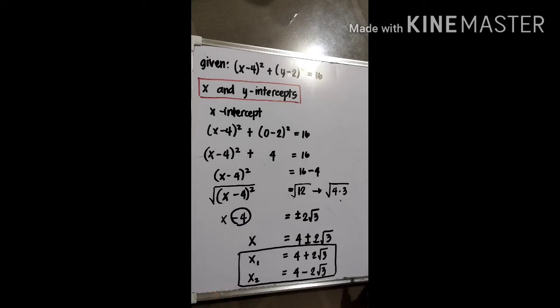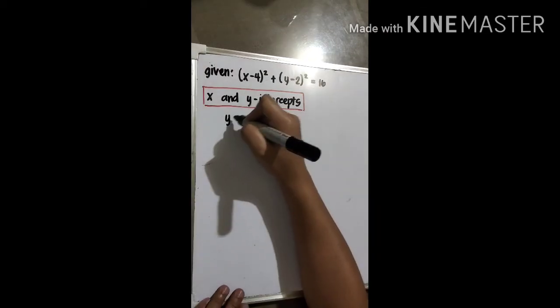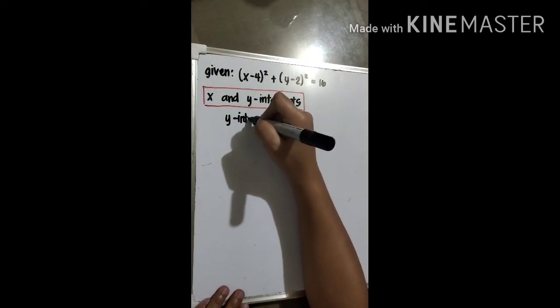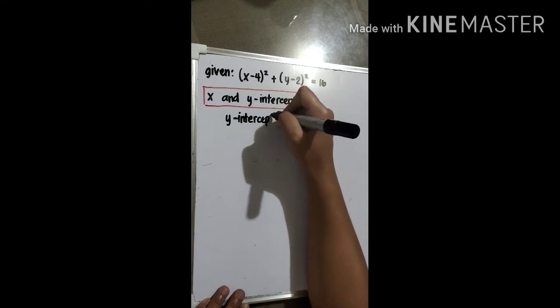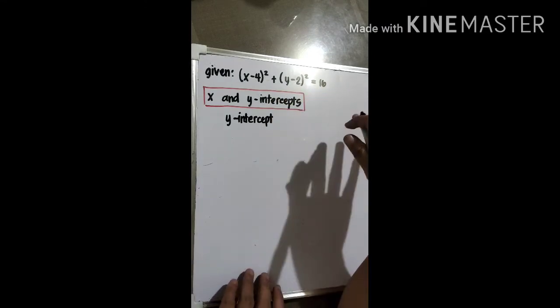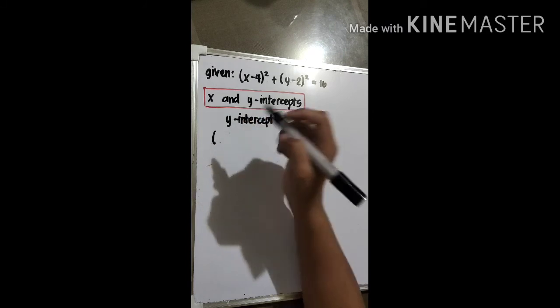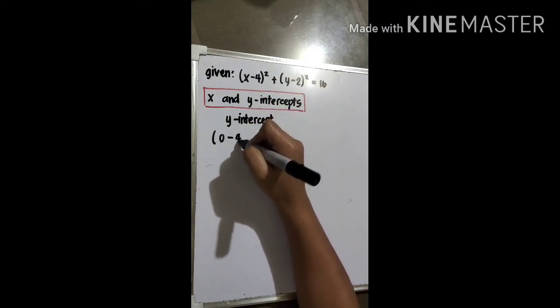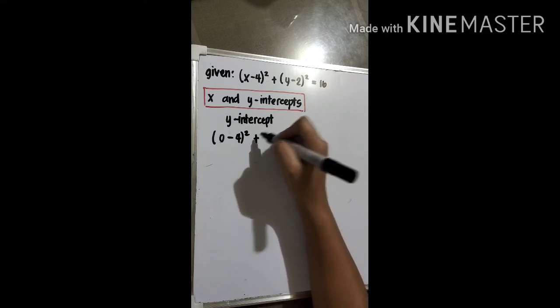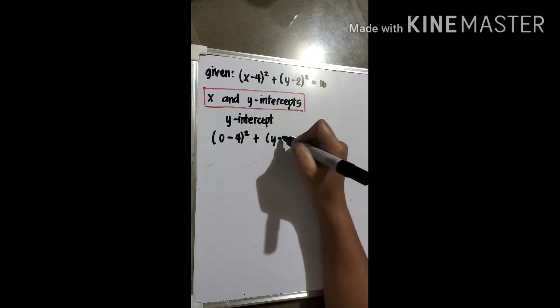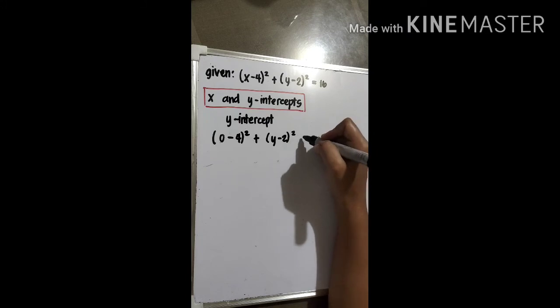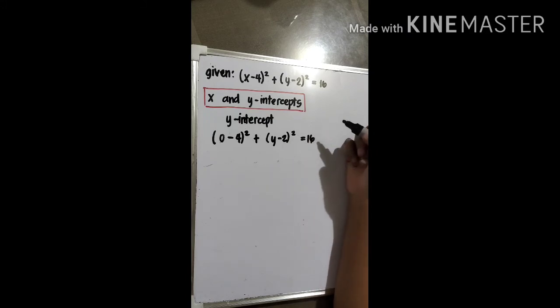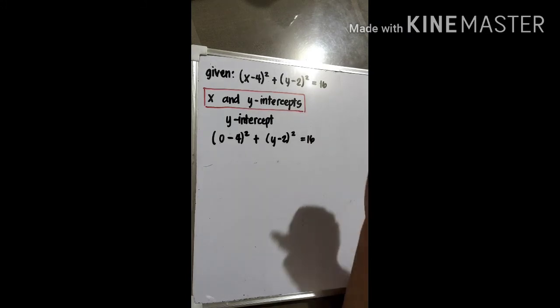So let's now look for the y-intercept. Looking for the y-intercept, we will now substitute 0 into our x. Since we have x minus 4 here, we will have (0 minus 4) squared plus, of course, (y minus 2) quantity squared is equal to 16, and then solve for y.